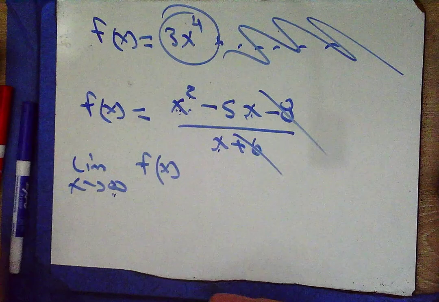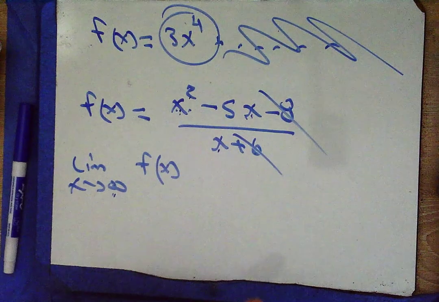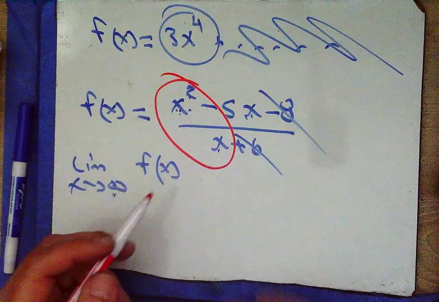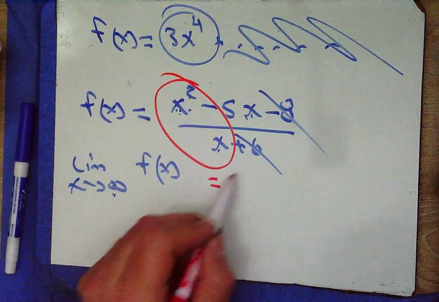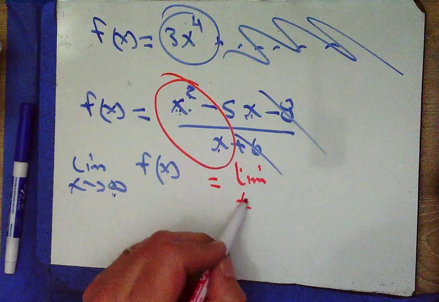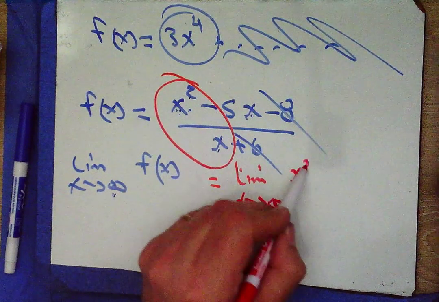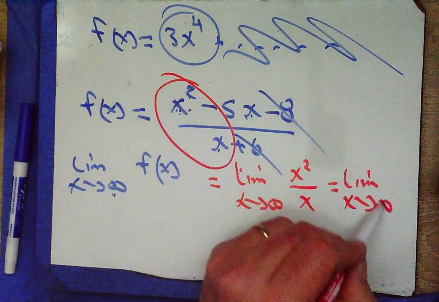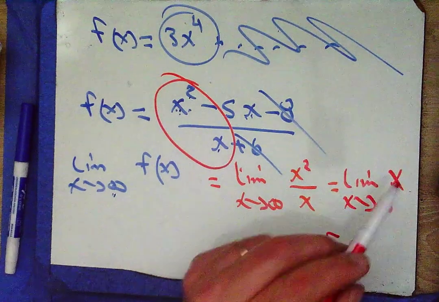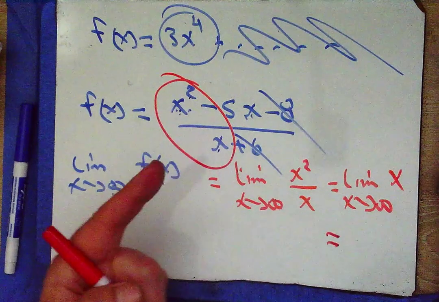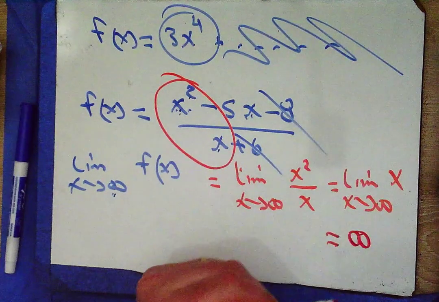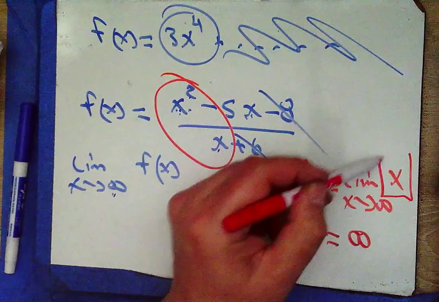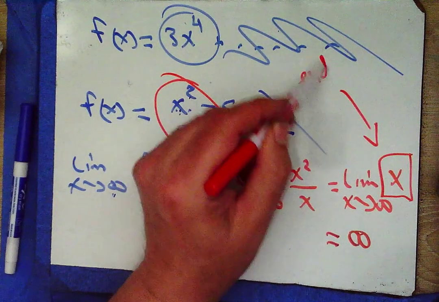If you want a quick end behavior model, then you look at this, and you say, that's the limit as x heads to infinity of x squared over x, which is the limit as x heads to infinity of x. And you know the graph y equals x heads that way. So you say infinity. Okay? So this is my end behavior model.